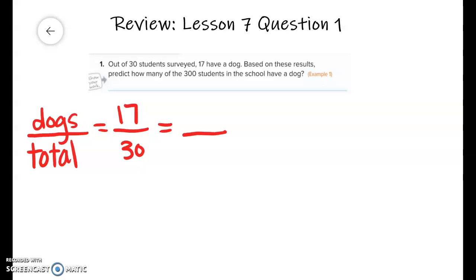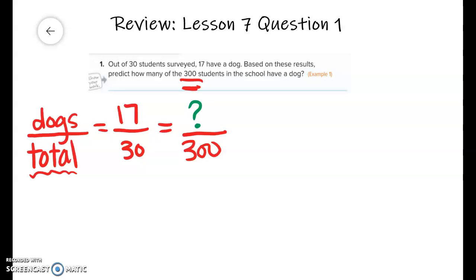So that 300 is a total number of students. So we're going to make sure that that goes in line with the total. So that 300 would go here. And so now what I'm looking for is how many out of 300 would have a dog.